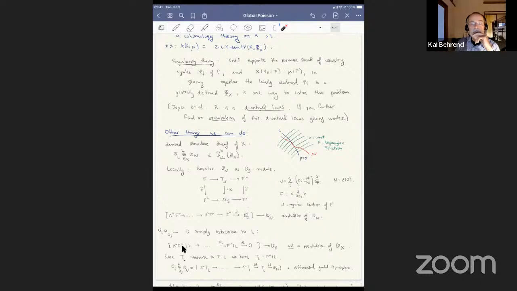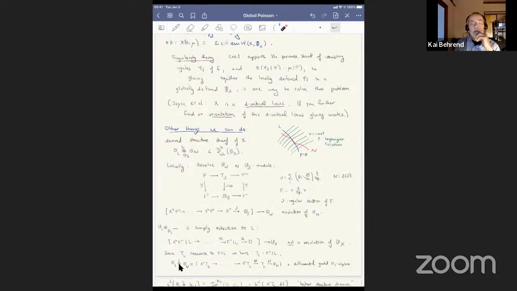When I restrict to L, F dual turns into TL, and nu, since pi equals 0, turns into simply df.